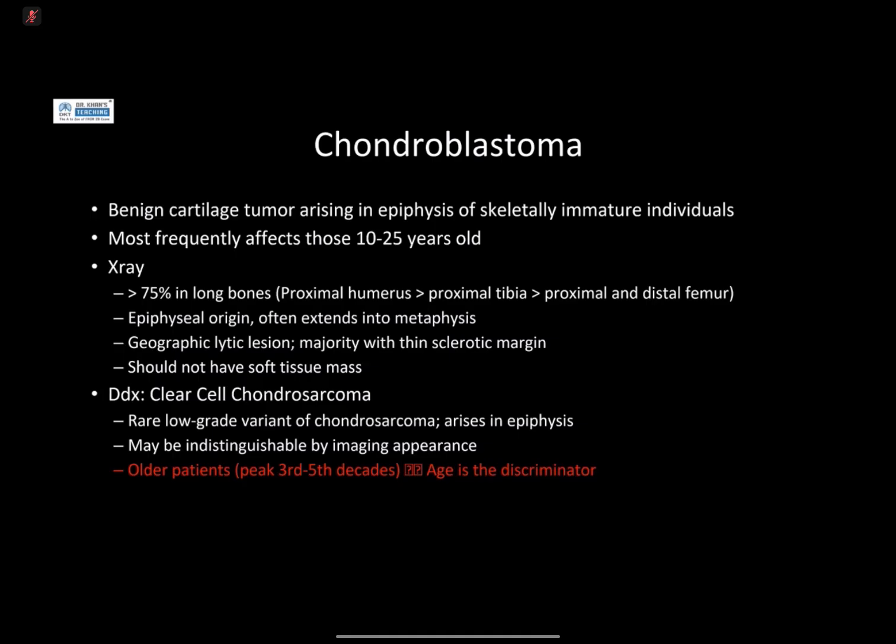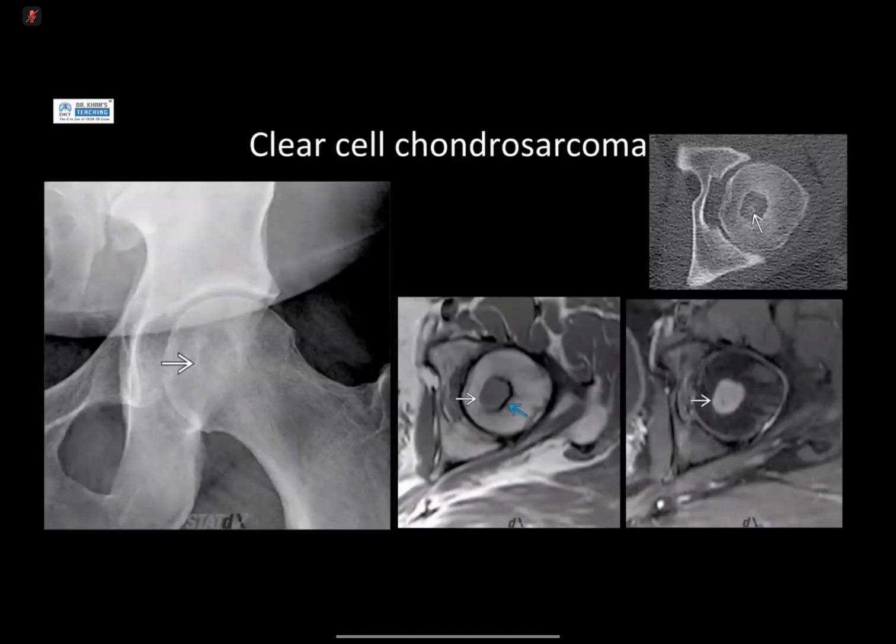They tend to be really well-defined lucent lesions with thin sclerotic margins. And the differential really to be aware of here is the clear cell chondrosarcoma. It's a very rare low-grade variant of a chondrosarcoma. It also arises within the epiphyses, and really the only discriminator here is age.